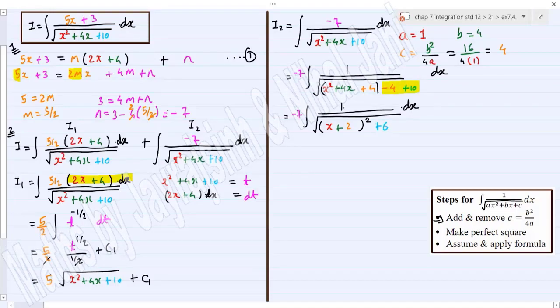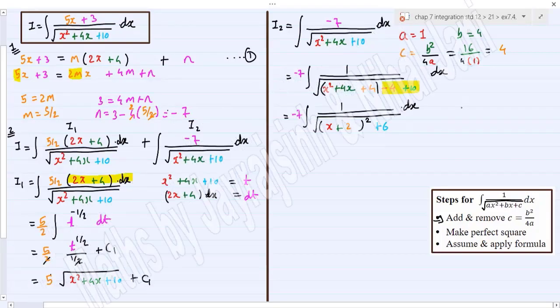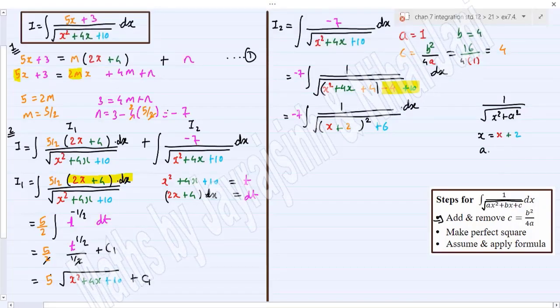Here we have to integrate 1 upon under root of (x plus 2) the whole square plus 6, which is actually in the form of 1 upon under root of x square plus a square, where your x is x plus 2 and your a is root 6.